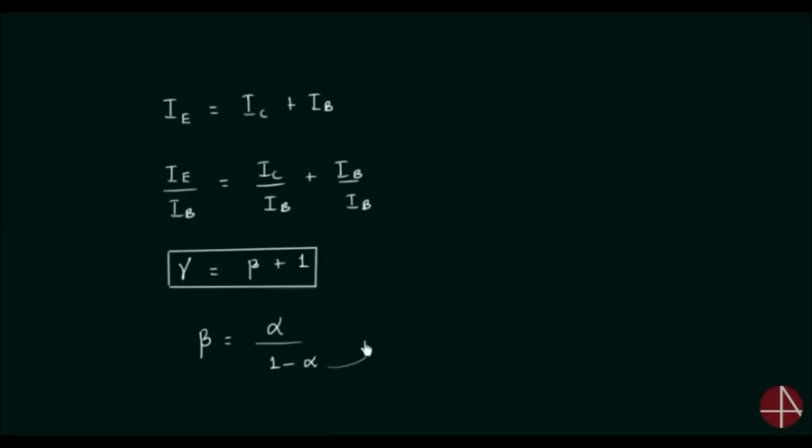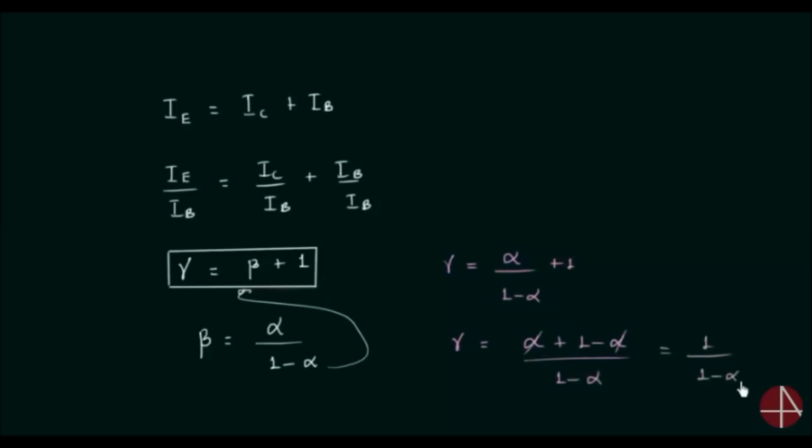If we put this value of beta here, we have gamma equal to alpha divided by 1 minus alpha plus 1. When you simplify this, you will have gamma equal to alpha plus 1 minus alpha divided by 1 minus alpha. Alpha and minus alpha will cancel out, and gamma is equal to 1 divided by 1 minus alpha.